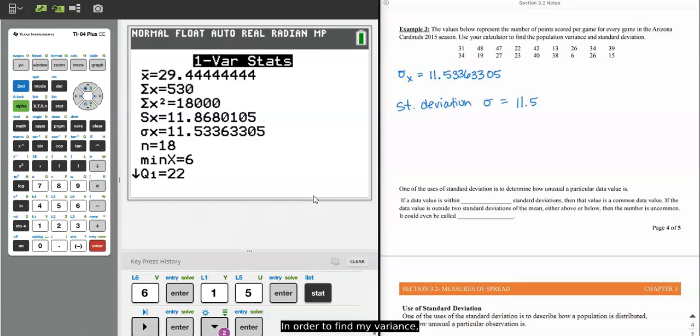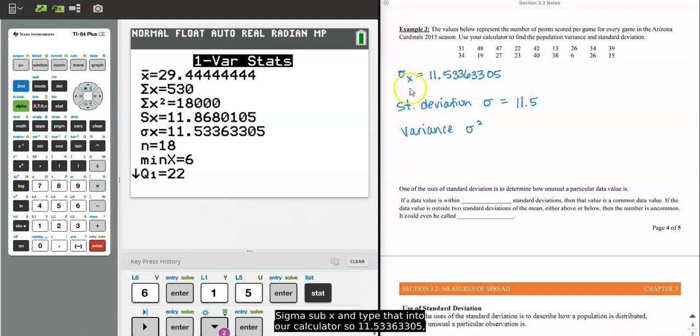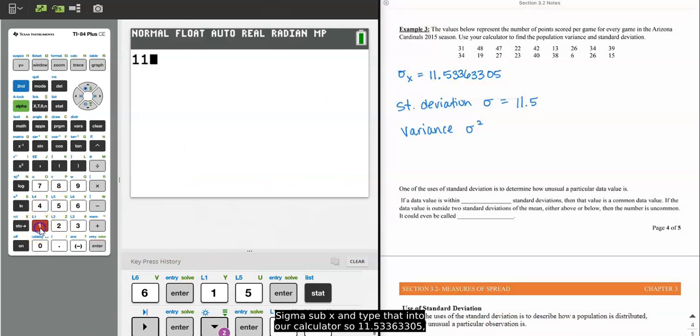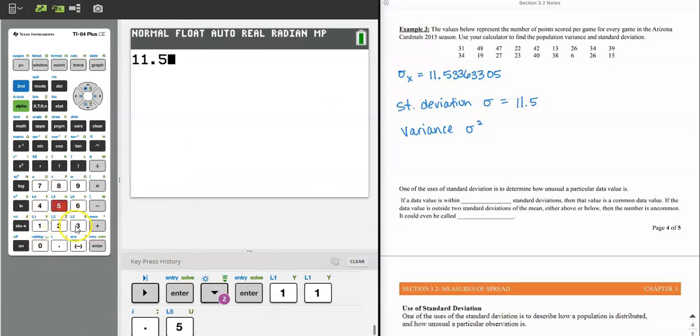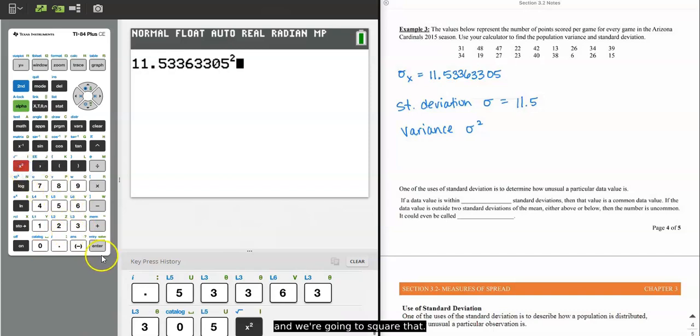And so in order to find my variance, which is sigma squared, we're going to take that whole number that we wrote for sigma sub x and type that into our calculator. 11.53363305, and we're going to square that, and then we'll take that number and round it.